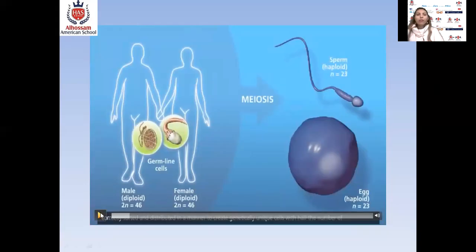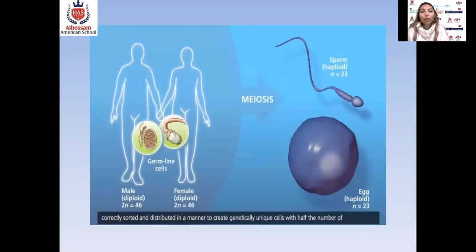So here, guys, we start with gonads, which is female here, with diploid numbers. The cell starts with 46 chromosomes, 2N. So at the end of meiosis, it will produce an egg with the haploid number, which is N, 23 chromosomes.